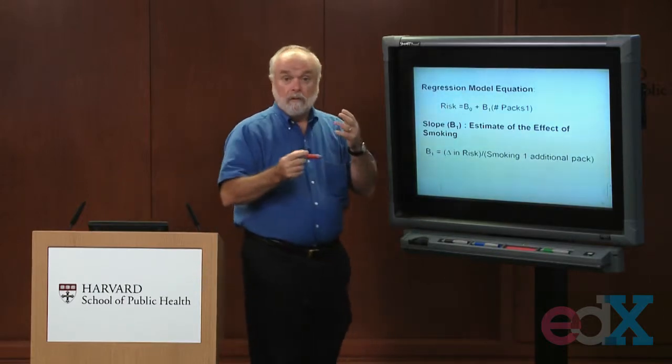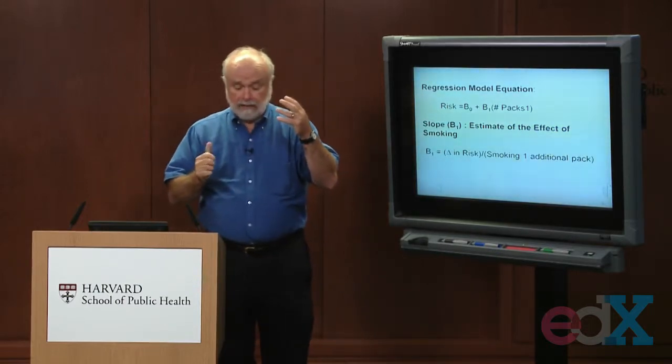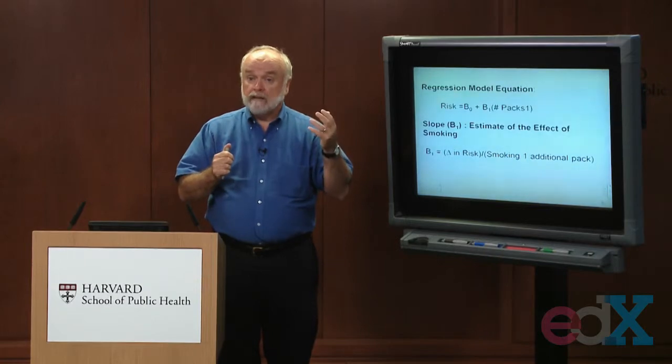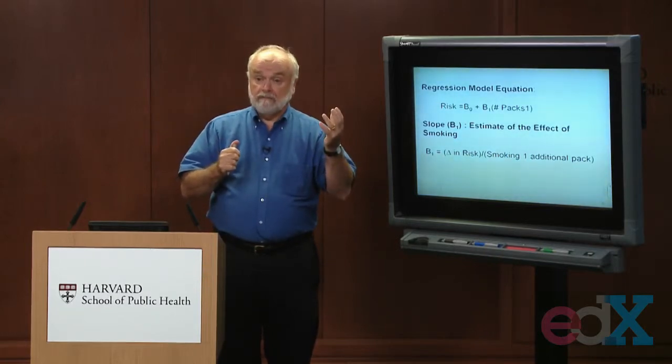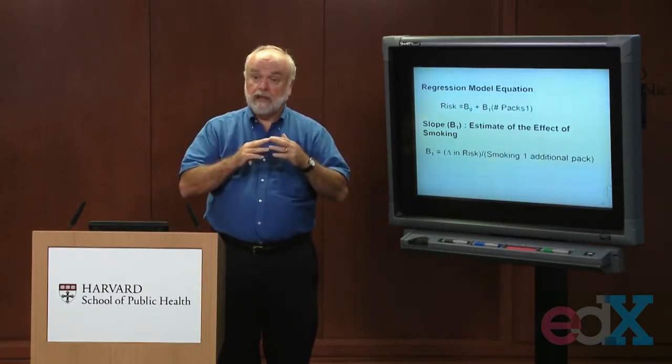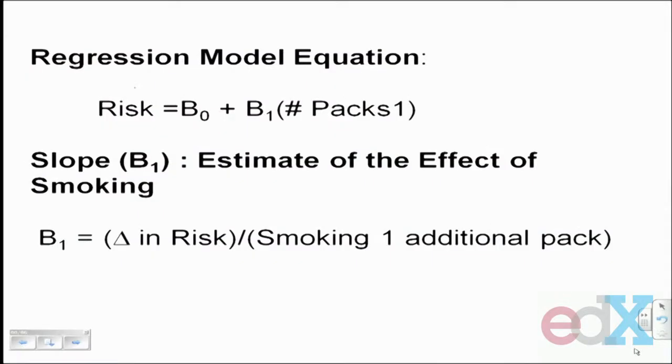Instead of calling the left-hand side of the equation y, being the vertical axis of that two-dimensional plane, I'm going to report it's the risk, the risk of dying. Instead of using m's and little b's, I'm going to use capital B0 and capital B1 to represent those two parameters of that straight line.